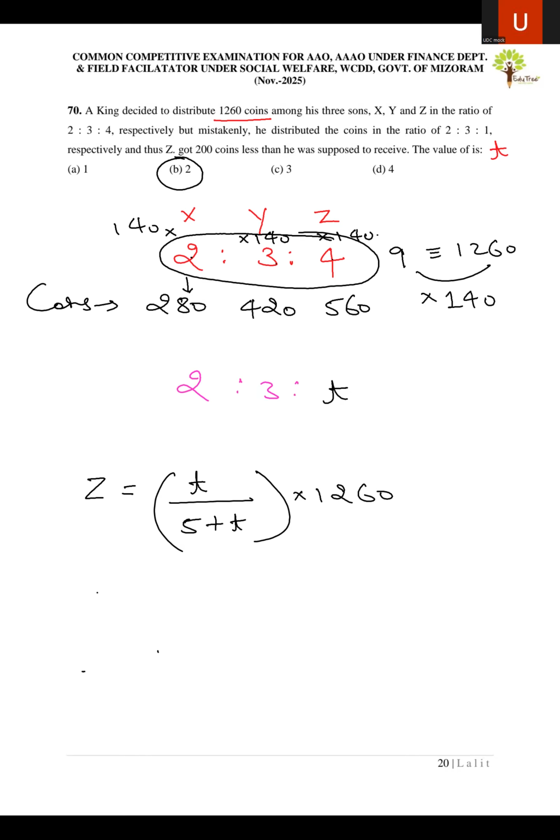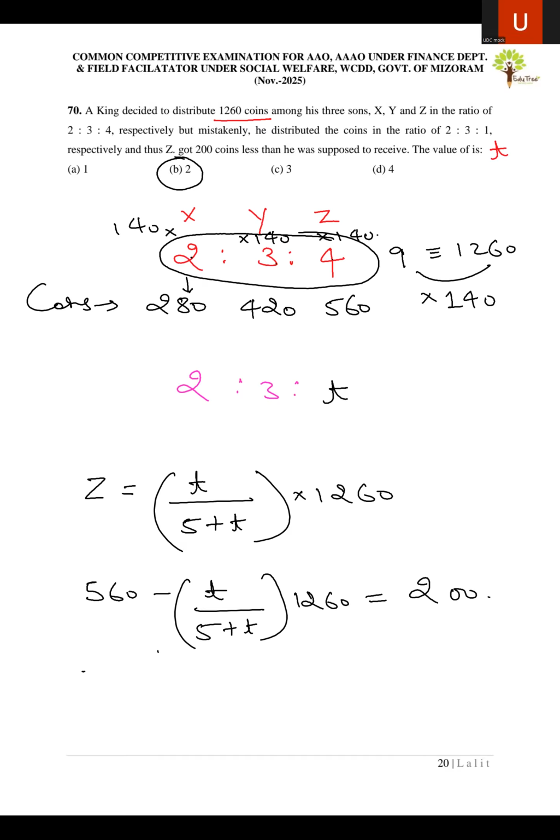So this is T divided by 5 plus T multiply by 1260 minus 560. Sorry, this will be 560 minus T divided by 5 plus T multiply by 1260 is equal to how much? Will be equal to 200. This is how we solve it.